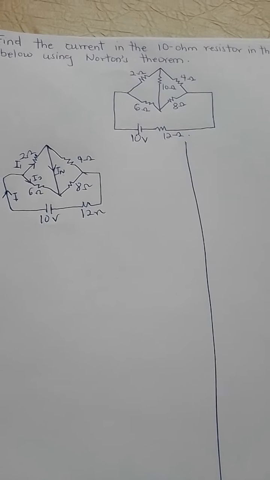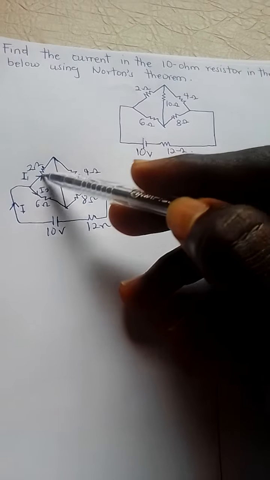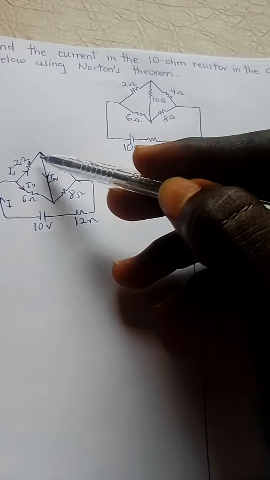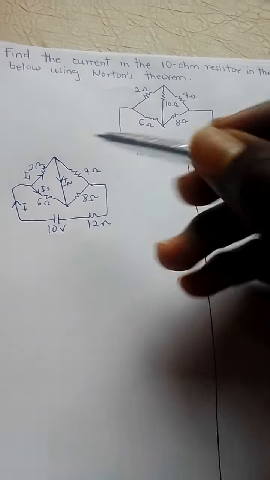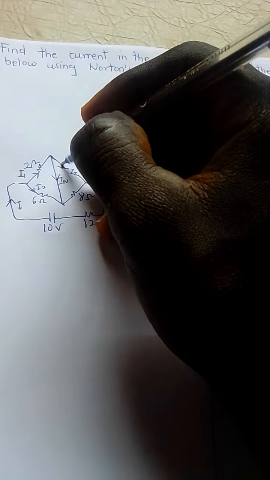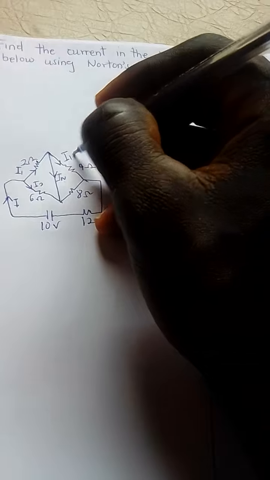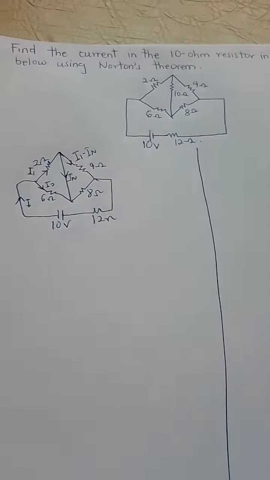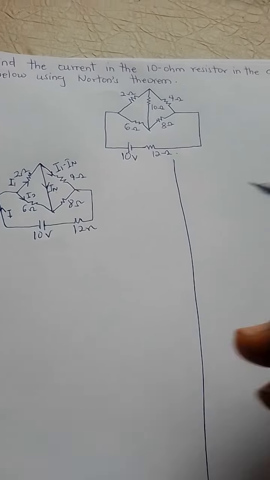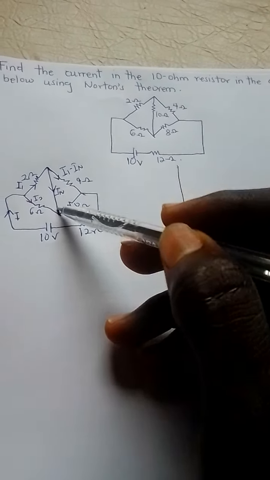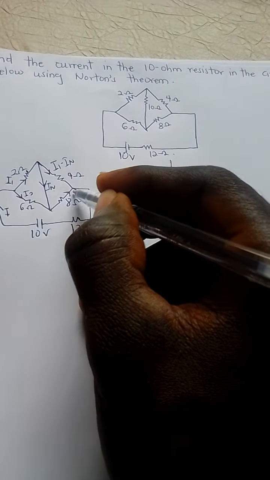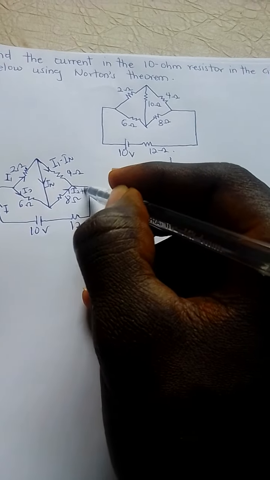If I1 moves to this point, it splits into IN and this other part, where this part is I1 minus IN. When you come here, I2 is coming and meets IN, and the two move on as I2 plus IN.